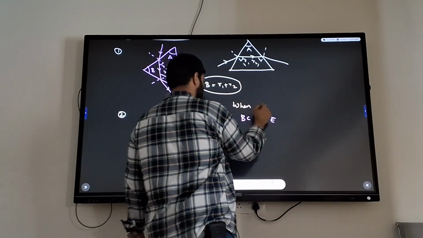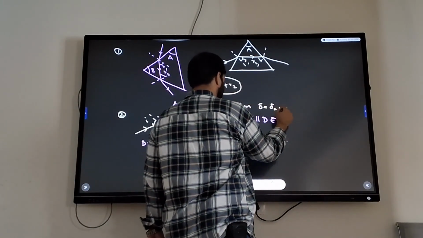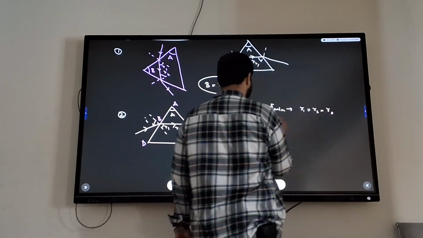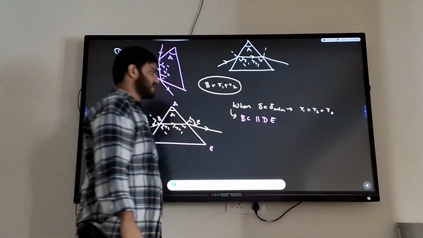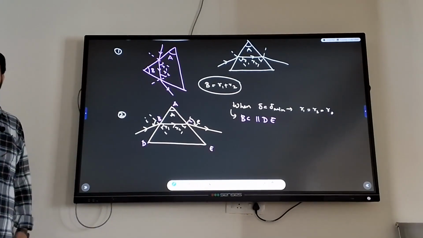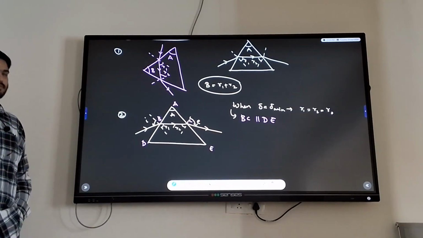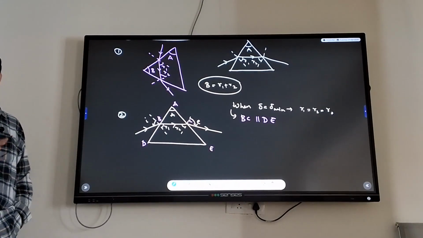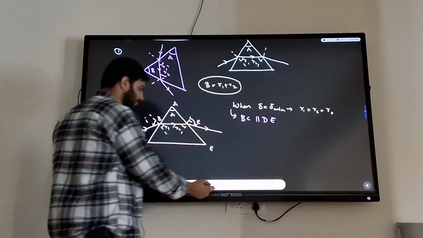When delta is delta mean, R1 equal to R2 is equal to R0, that implies that this is this. Is it okay? BC is parallel to DE. It's a very simple proof, you can do it yourself. Okay? Please go for it.